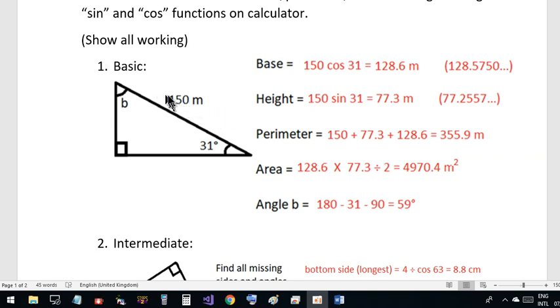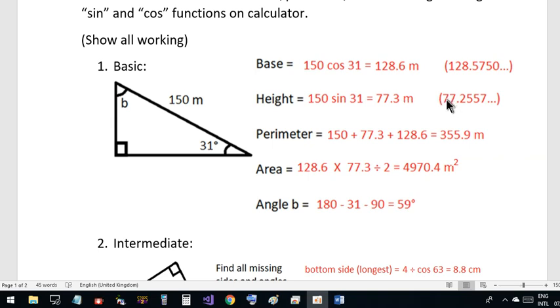So we start with that long side, 150. Because the long side is given, we do not use divide. The side that we're trying to find is opposite the angle, 31 degrees, and so we write down 150 sine 31, because sine means we're trying to find the opposite of the angle that's given. On your calculator, that equals 77.3.